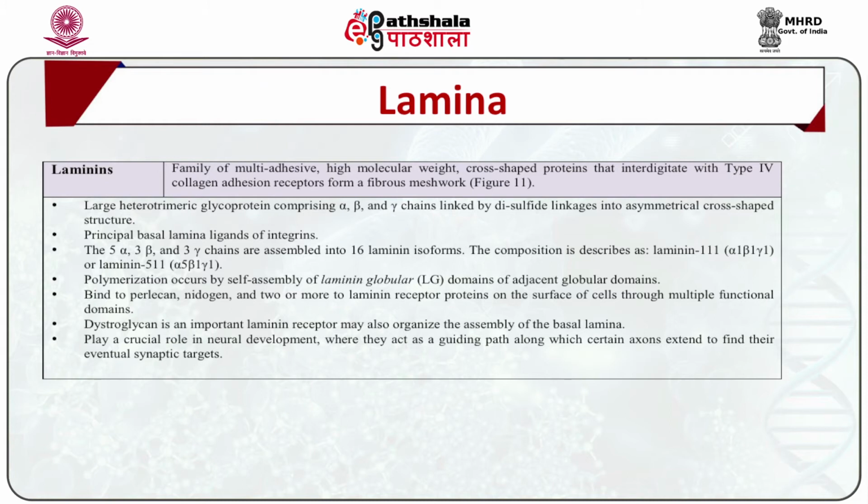The polymerization occurs by self-assembly of laminin globular domains. These play a crucial role in neural development, where they act as a guiding path along which certain axons extend to find their eventual synaptic targets.